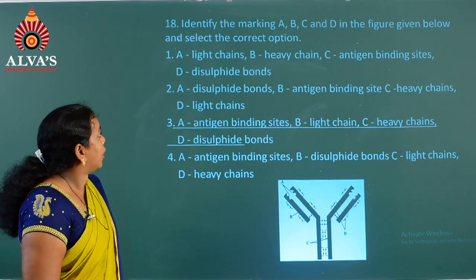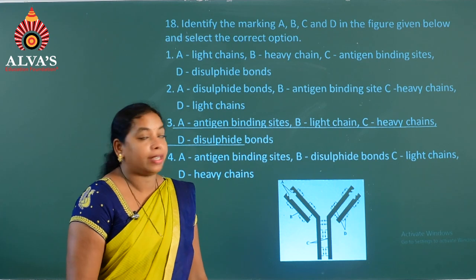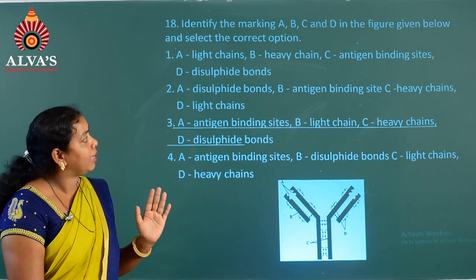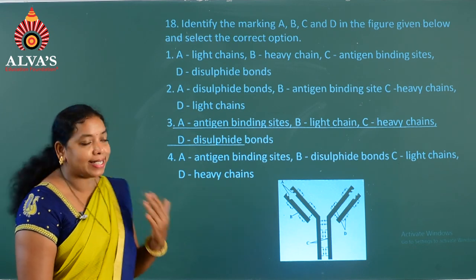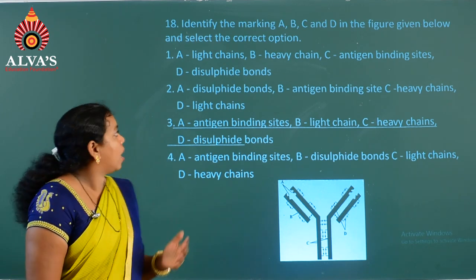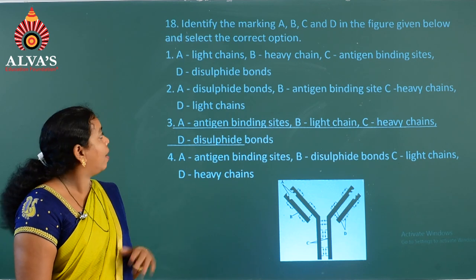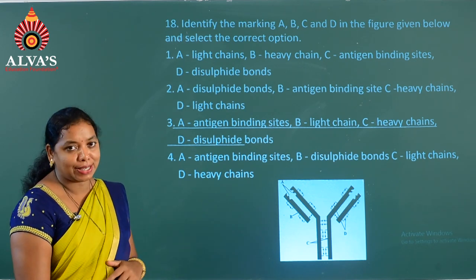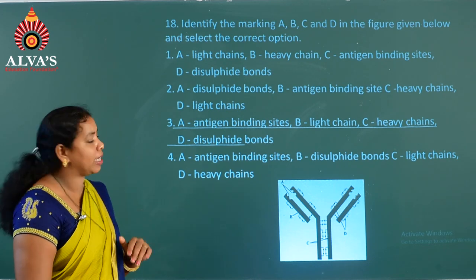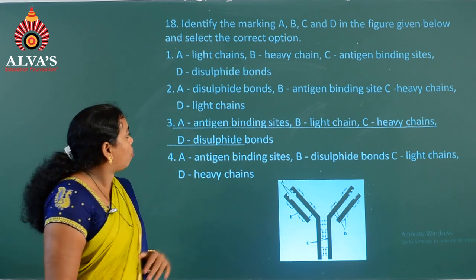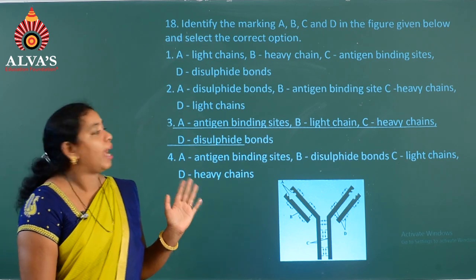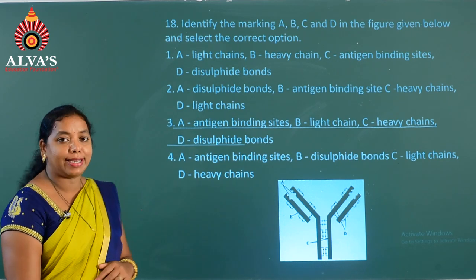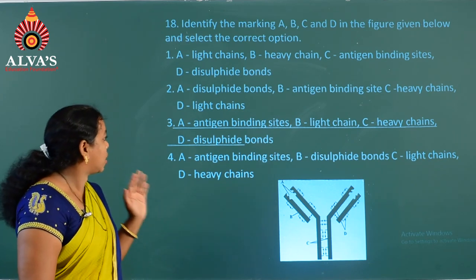We will discuss the next question, question number 18. Identify the markings A, B, C and D in the figure given below and select the correct option. First option: A is light chain, B is heavy chain, C is antigen binding site, and D is disulphide bond. Second option: A is disulphide bond, B is antigen binding site, C is heavy chain, and D is light chain.